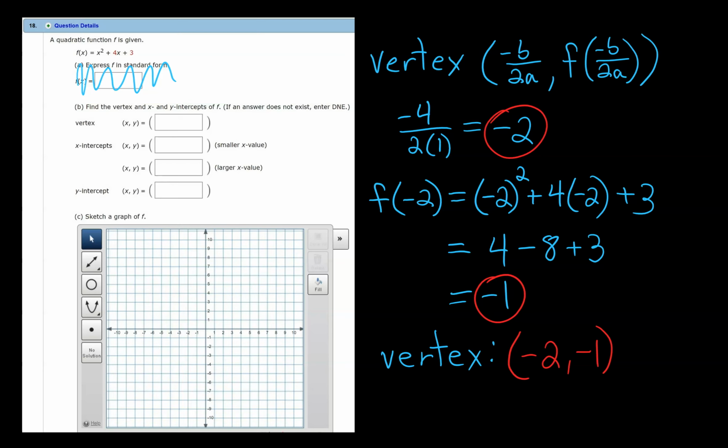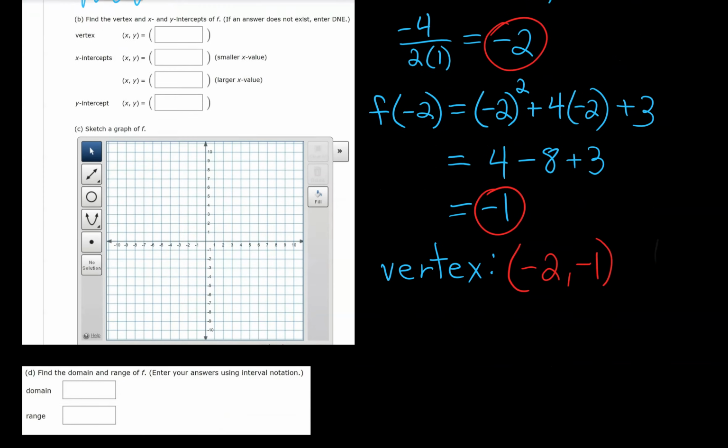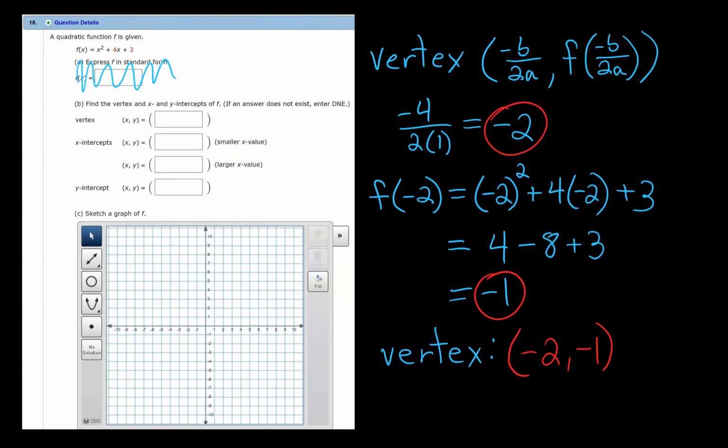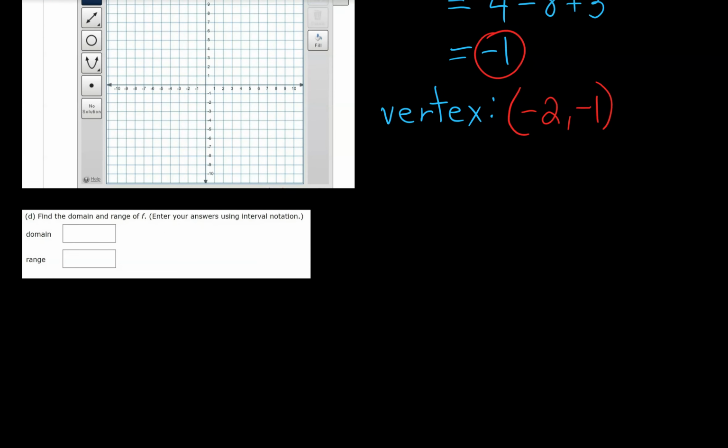Okay, the next thing we want are the x-intercepts. To find the x-intercepts, we take the function, set it equal to 0, and then solve for x. Our function is x squared plus 4x plus 3. So we're going to set that equal to 0 and solve for x. You can do quadratic formula here, but this one's pretty easy to factor.